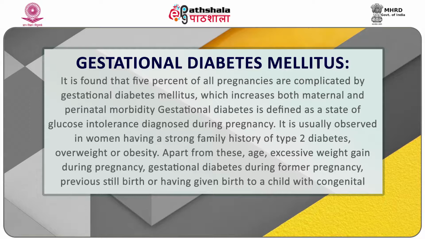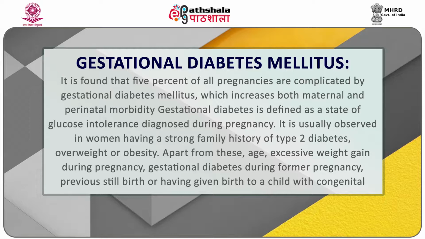Gestational diabetes is defined as a state of glucose intolerance diagnosed during pregnancy. It is usually observed in women having a strong family history of type 2 diabetes mellitus, and is more common amongst women who have a higher BMI, that is those who are overweight and obese.